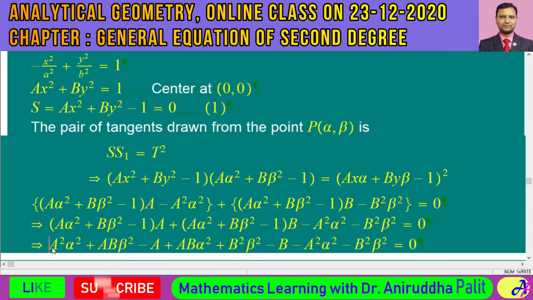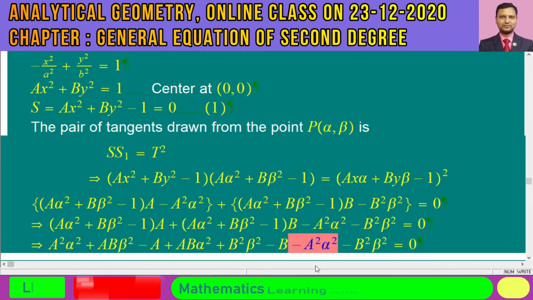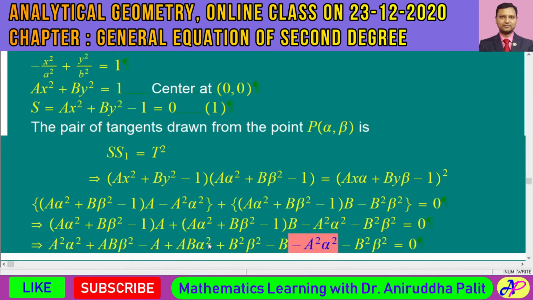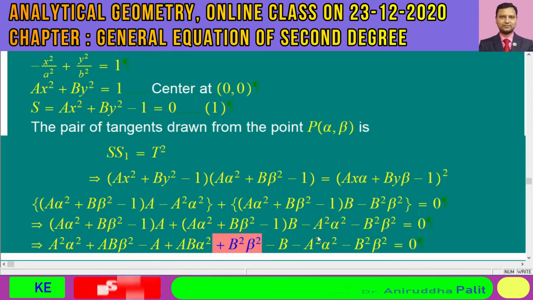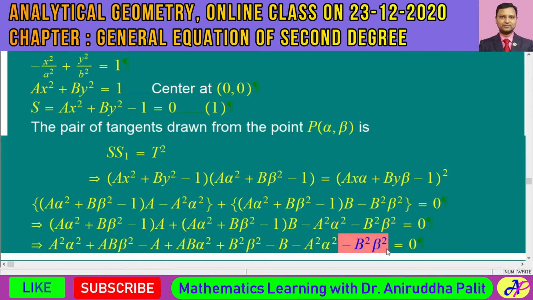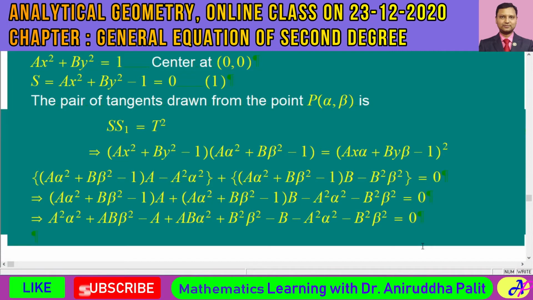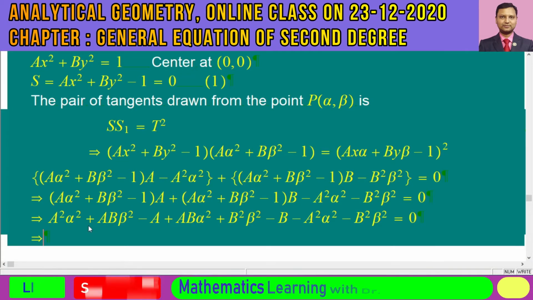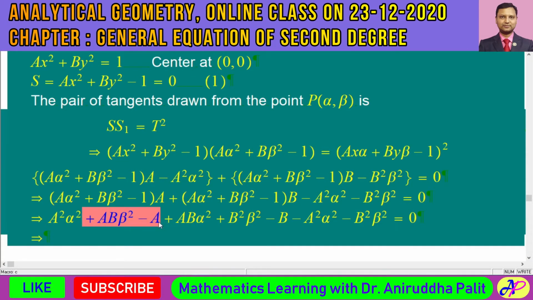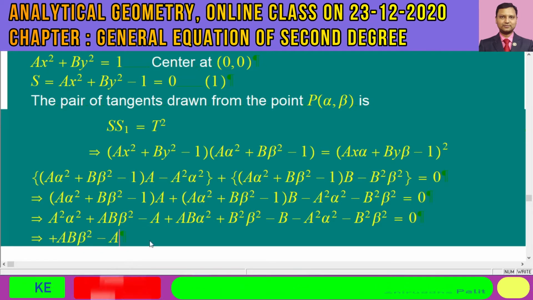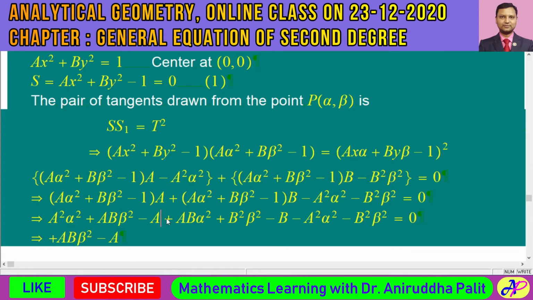You see over here, plus a square alpha square minus a square alpha square will get cancelled. Similarly, plus b square beta square minus b square beta square will get cancelled. So ultimately, after cancellation, only these two terms would be present, then this term.